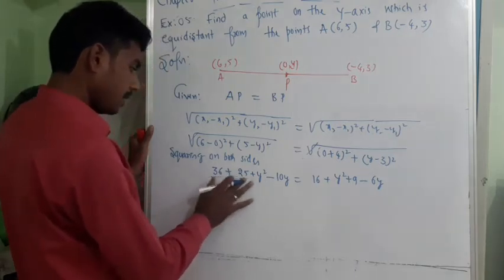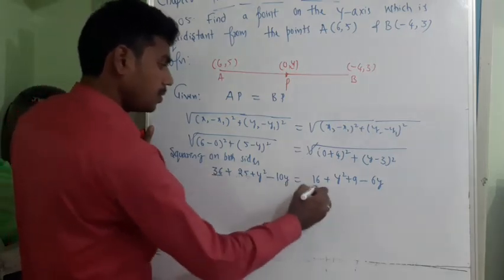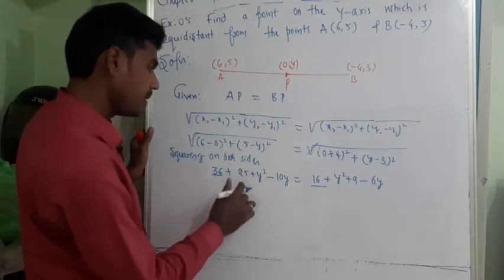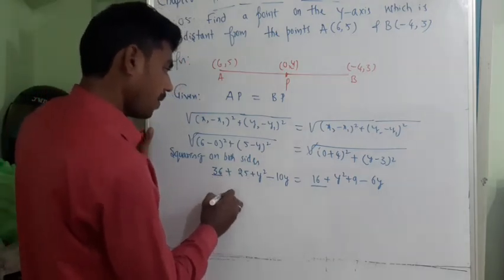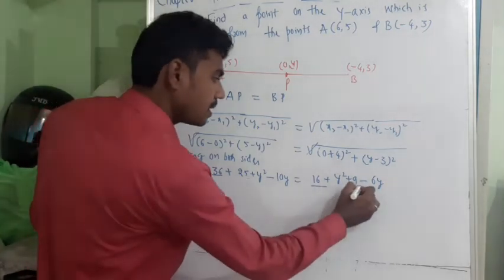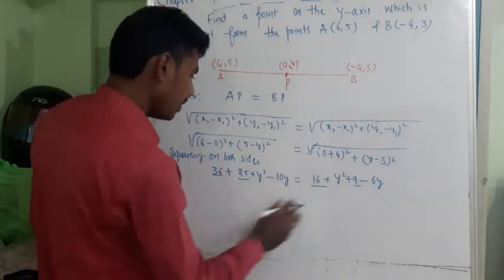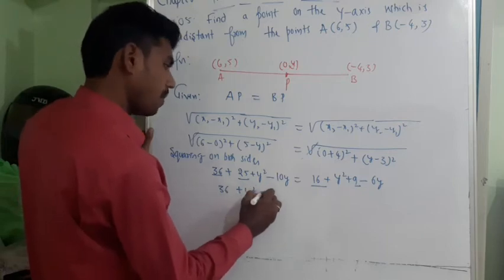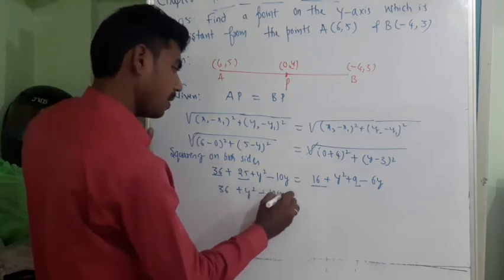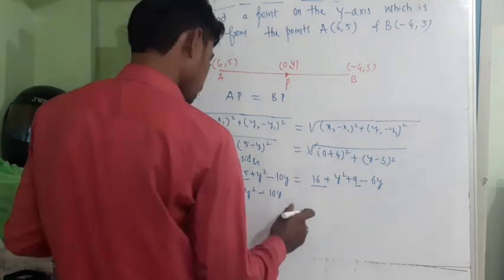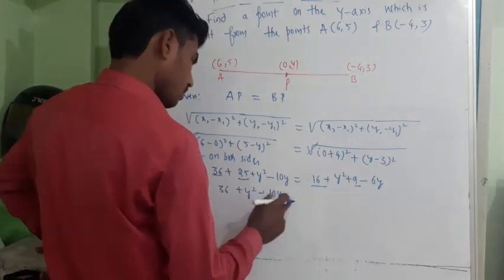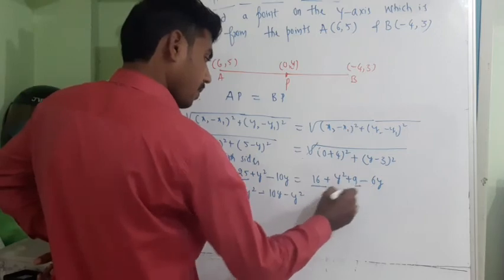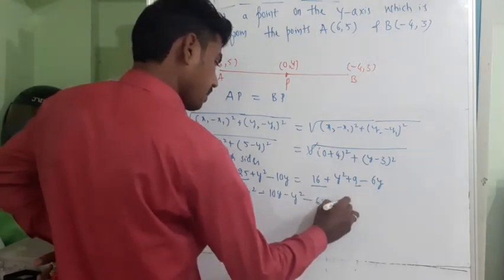So wait, we will do one thing. In 36 I will remove 16, what I will get is 20. 20 plus 25 is 45. So wait. 16 plus 9 is 25. The 25 will get cancelled. So I will get 36 plus y square minus 10y equals y square minus 6y.